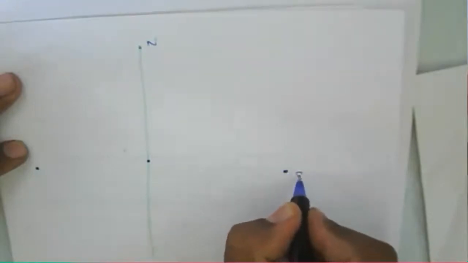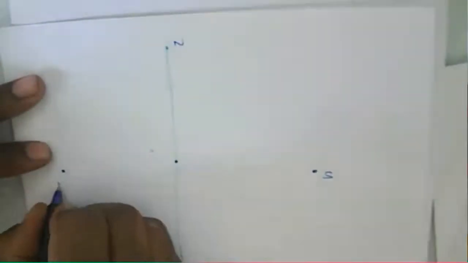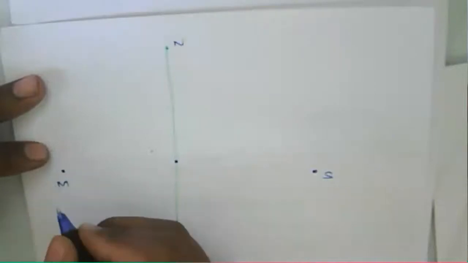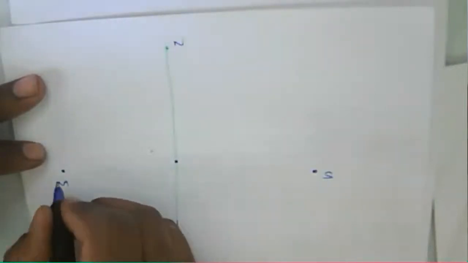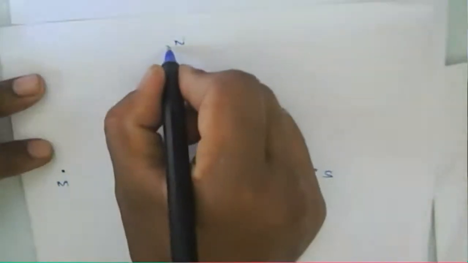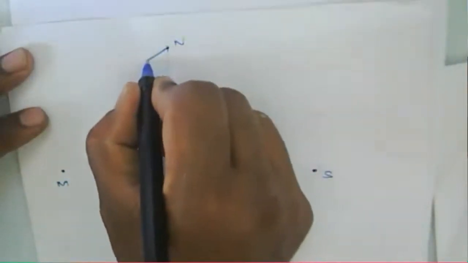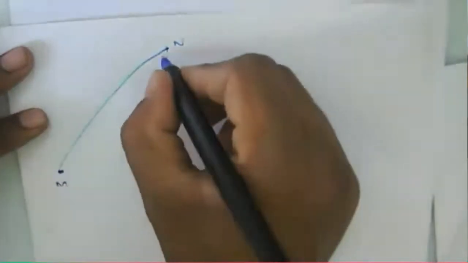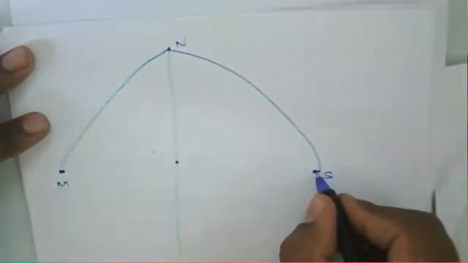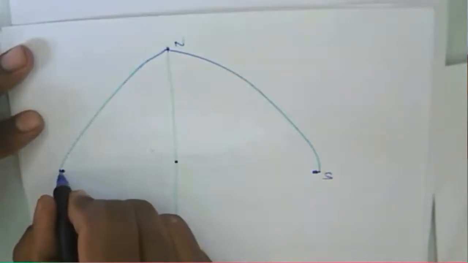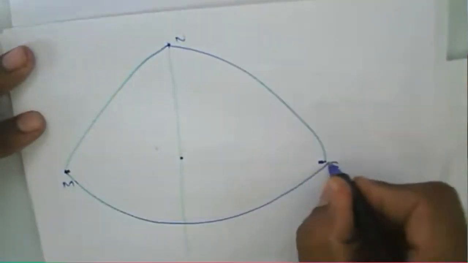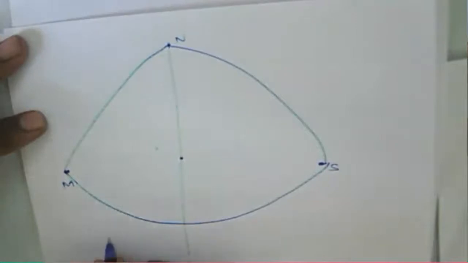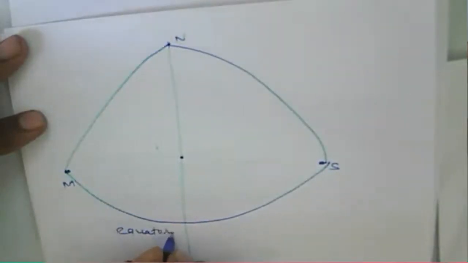From this, I redraw here the north and south pole, and we consider a point that is the subsatellite point here, on the equator. Draw here, this one is another point, and this one is nothing but the equator.